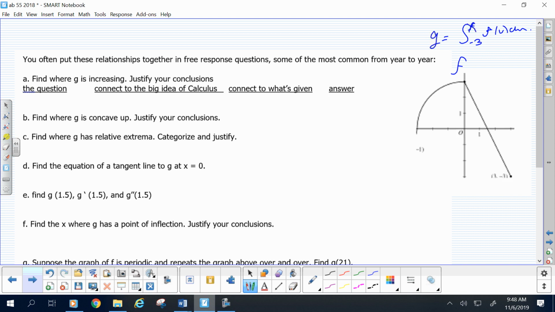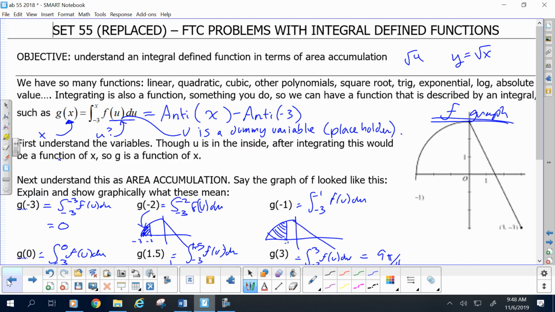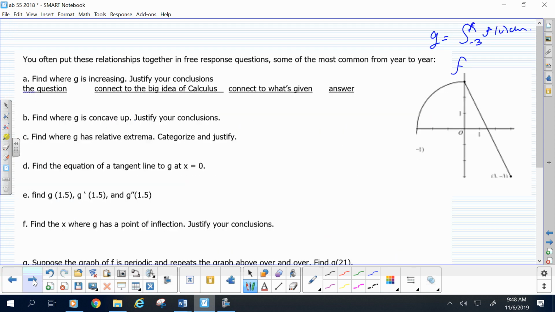What is G prime's connection to F? Oh, I know. G prime is equal to F. So G prime is equal to F, so where is G prime or F positive? -3 to 1.5, all right?